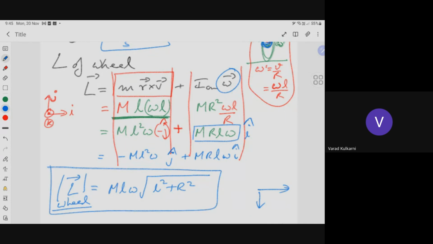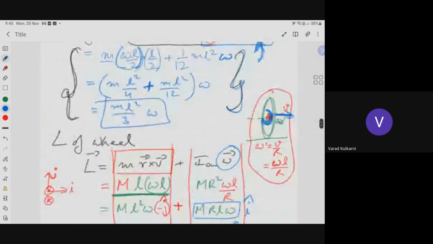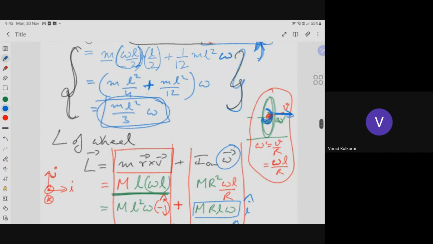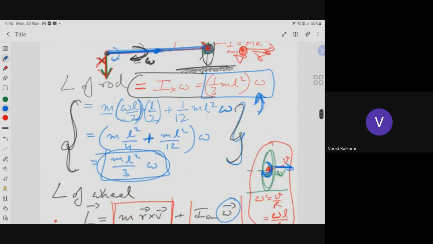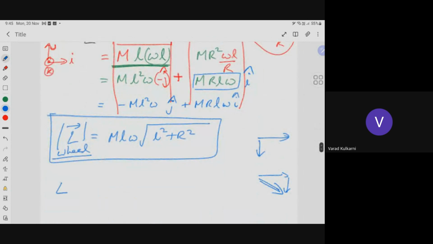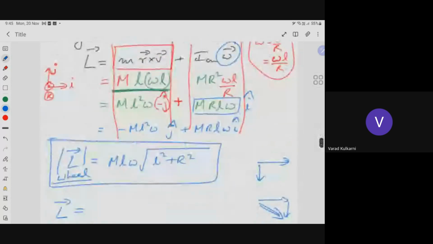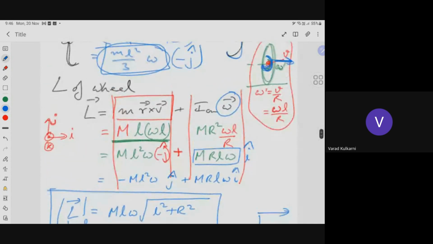Obviously, this part has nothing to do with this answer. In this answer, you have to write the direction of the rod also. So the rod was going out. If the rod was going out, I'll curl the finger in the omega direction, and I will get downwards. So minus J over here is the direction. So the net L of the rod and the wheel was, you have minus J due to two things: due to ML square by 3 as well as capital M L square omega.